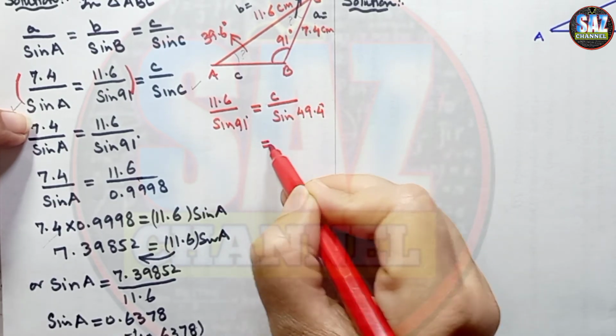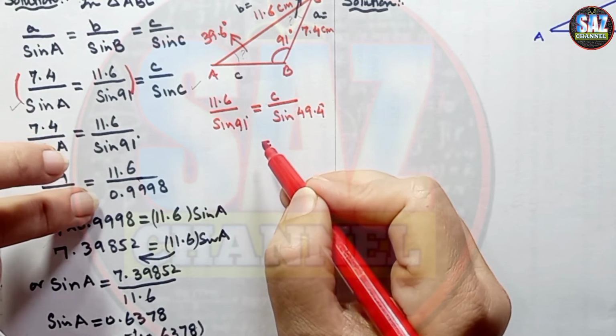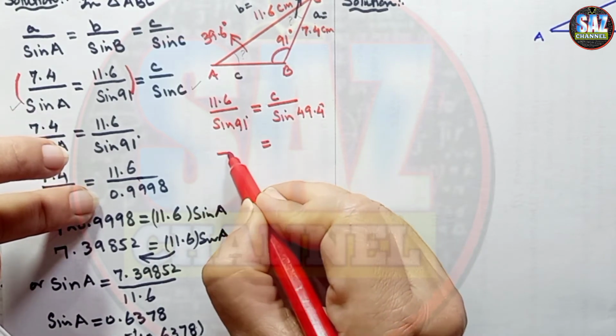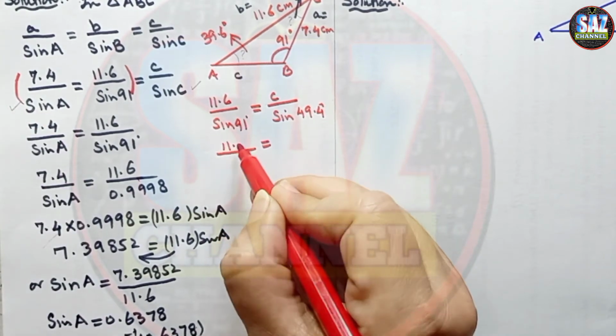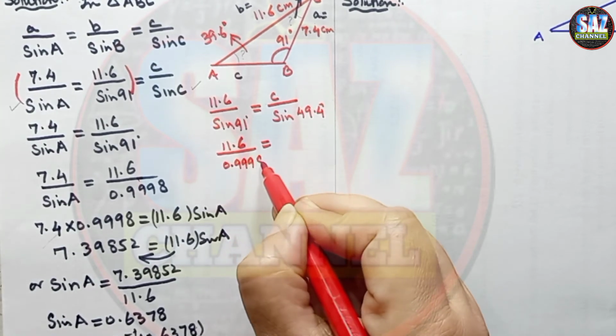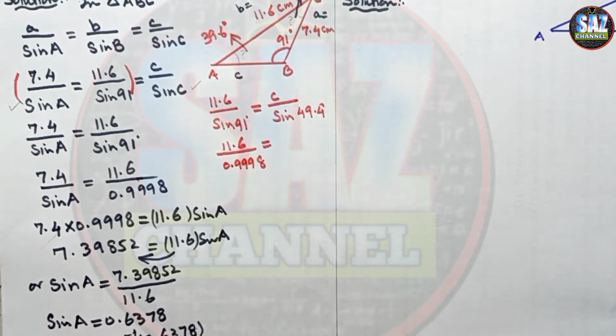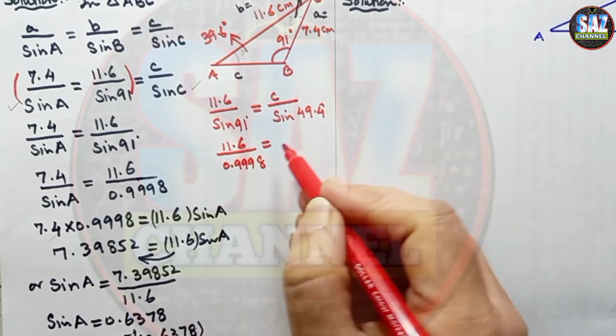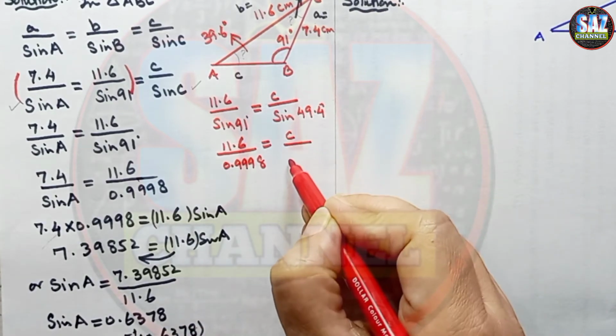Now we can see that we have the value of sine 91 already with us: 11.6 upon 0.9998, and sine 49.4 gives me C upon 0.7592793.